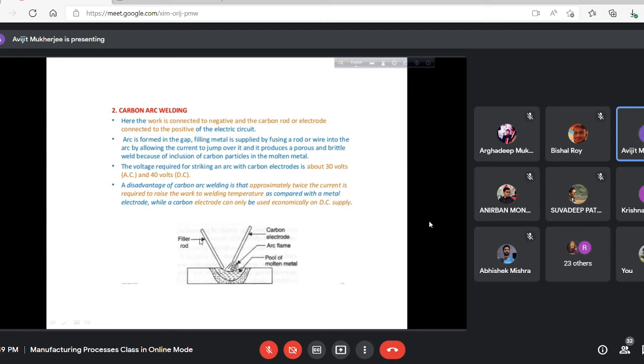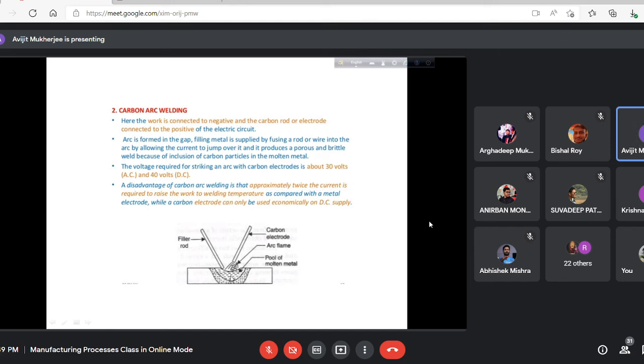Here the carbon is not melting. That's why an additional filler rod is used. This is not connected with the terminal, but getting heat from the arc, the filler rod will be melted, so metal will be deposited here.